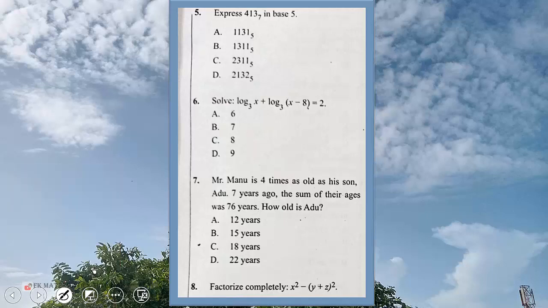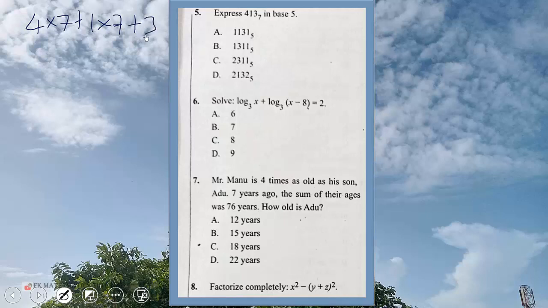We have to express 413 base 7 in base 5. So how are you going to do that? 413 we convert quickly to base 10.